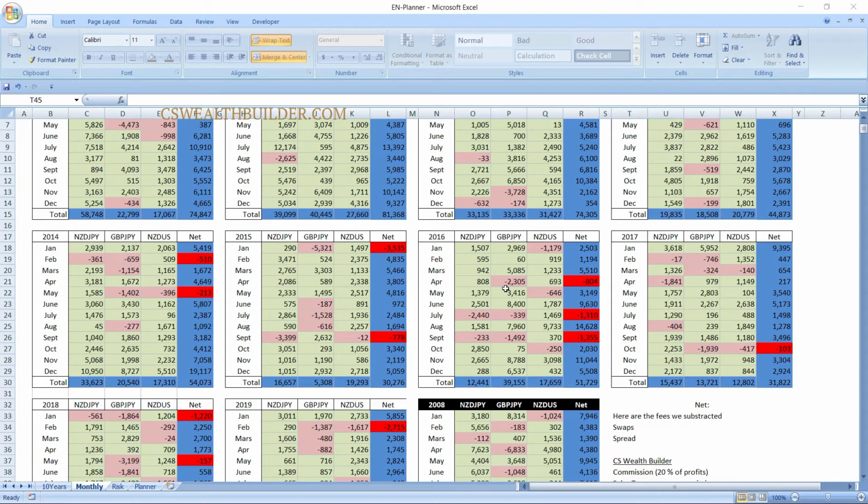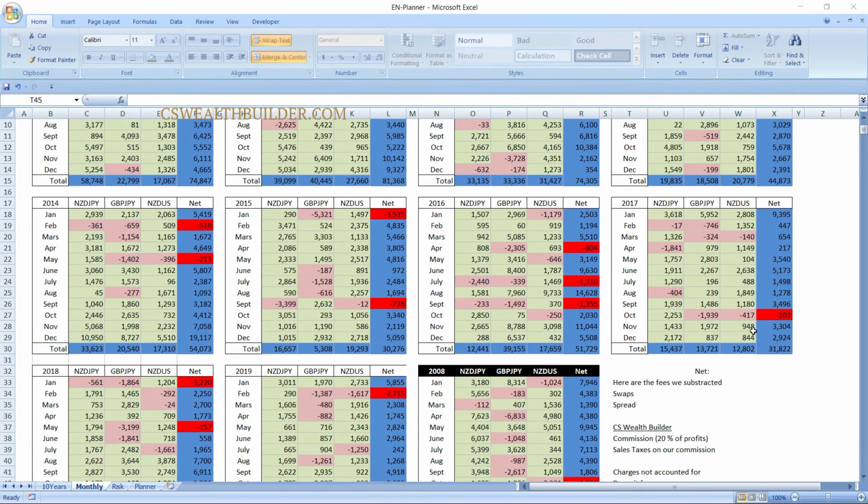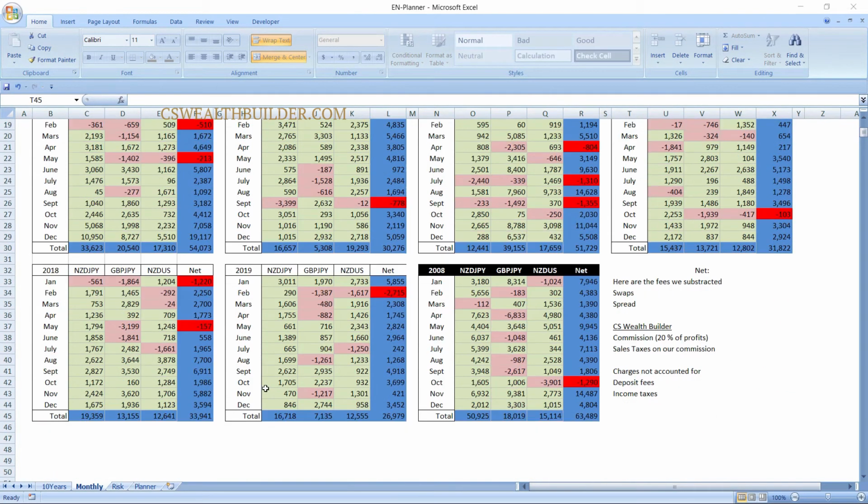So let's keep going. 2016, you got three losses: 800, 1300, 1300. 2017, one loss, $100. 2018, two losses, and 2019, one loss of $2,700. In 2008, we got one loss.